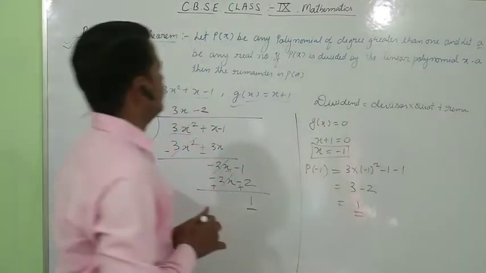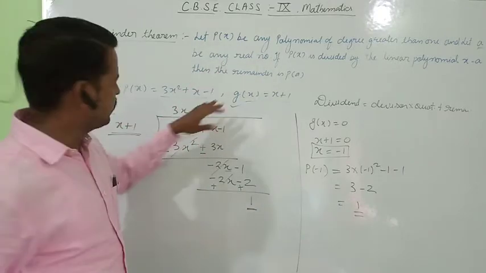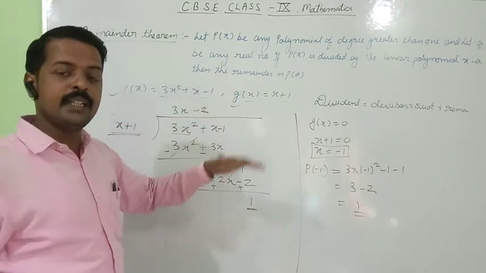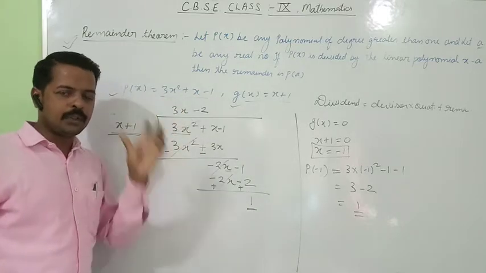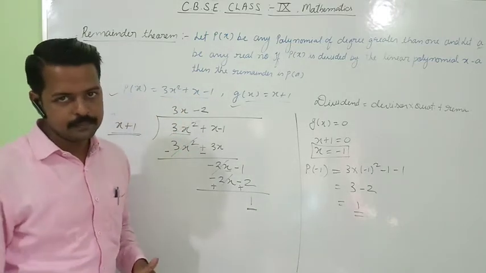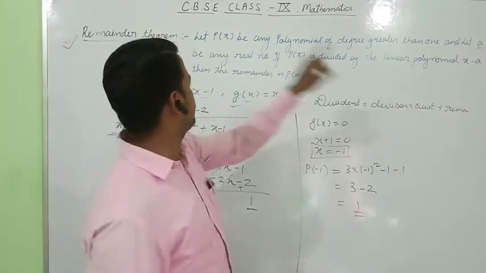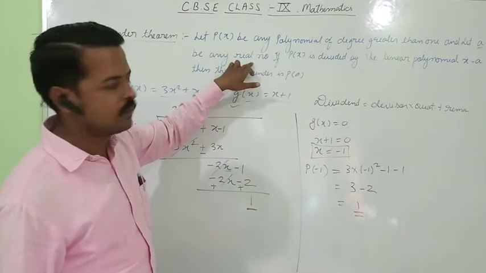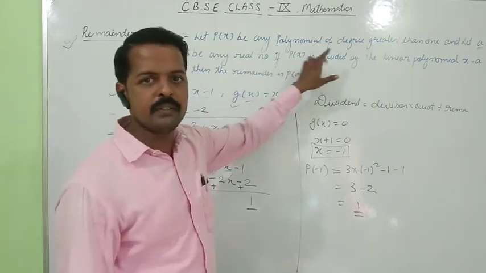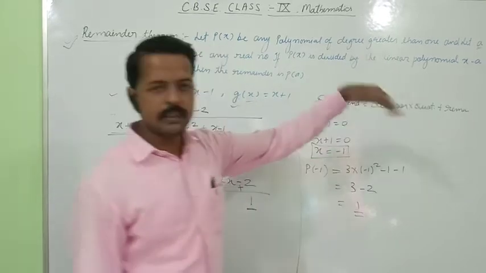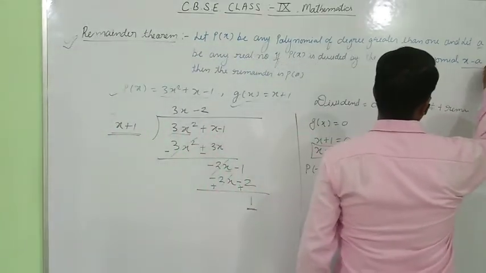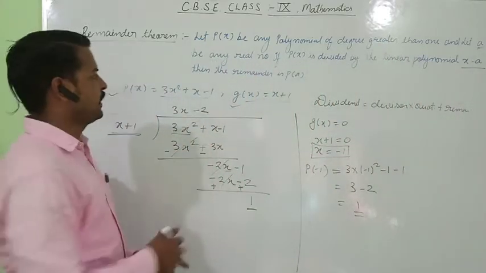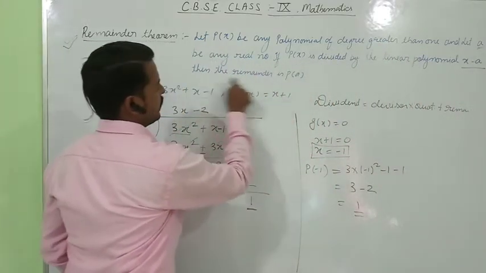Okay, I repeat again: let p of x be any polynomial of degree greater than 1, meaning the dividend polynomial should have a degree more than 1, and let a be any real number. If p of x is divided by g of x, that is a linear polynomial, meaning I am taking the linear polynomial x minus a, then the value of p of a is what? The remainder.